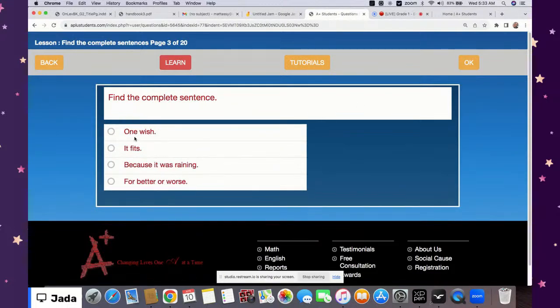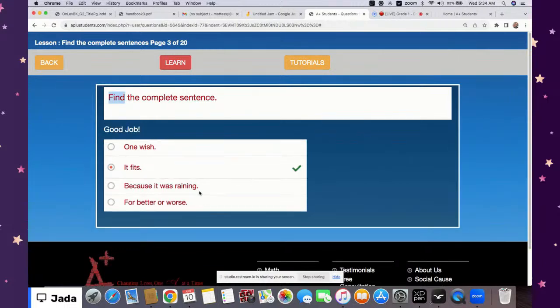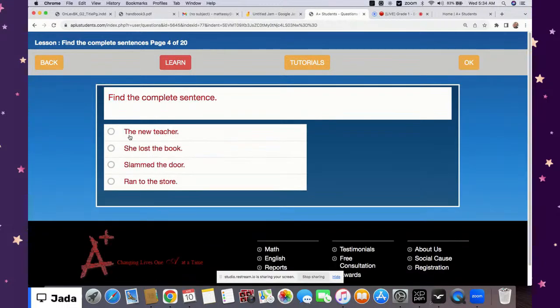Okay. One wish it fits because it was raining for better or worse. So this was in the tutorial, so it fits is the right answer. And then also we have the new teacher, she lost the book, slammed the door, ran to the store. So which of these options are correct? Is it the new teacher?